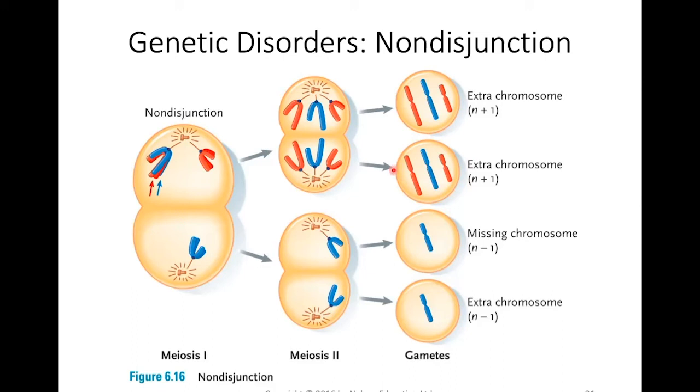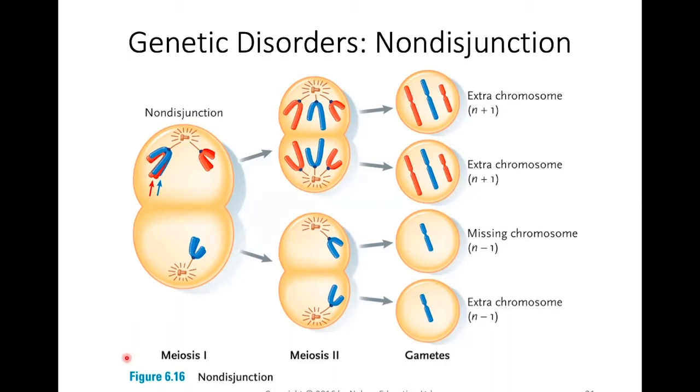Now, some non-disjunctional disorders that occur, they happen, and the actual fertilized zygote that's formed isn't viable. And so if implantation were to occur, the pregnancy would be terminated with an early miscarriage soon after implantation. And what can happen is when this happens in sperm cells, there's so many sperm cells produced, those with extra or missing chromosomes may not be viable in and of themselves, and so wouldn't even be able to fertilize the egg.